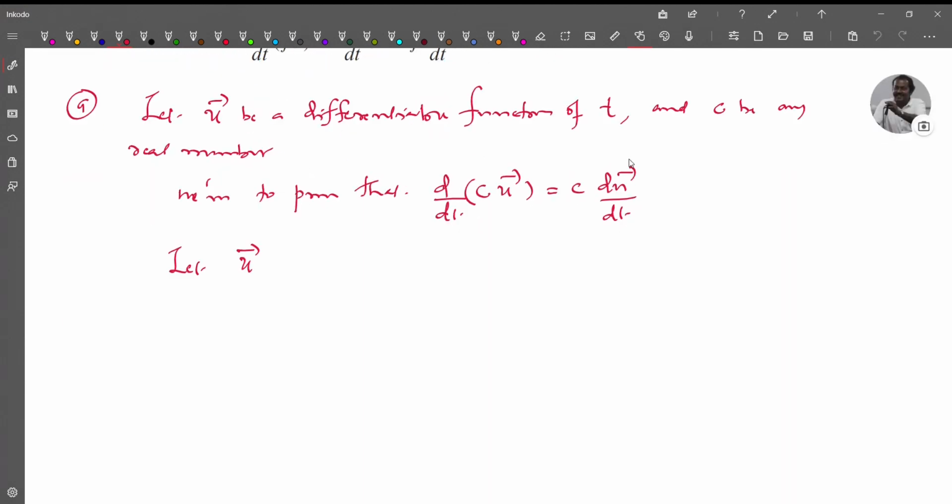Let u equal to f1 i plus f2 j plus f3 k, where f1, f2, f3 are real functions.